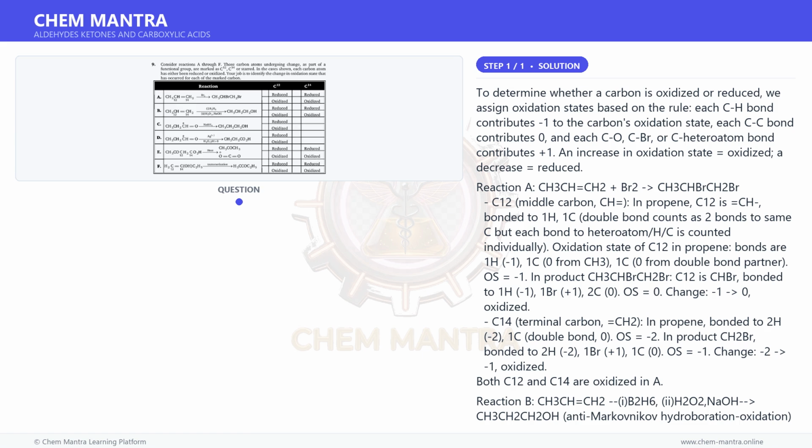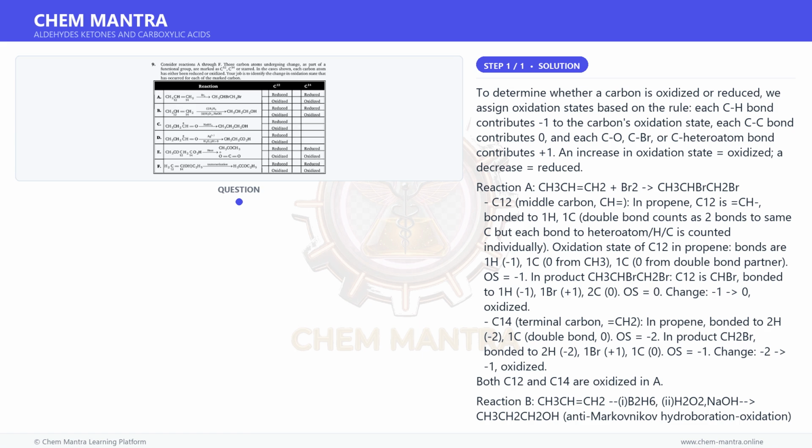Wait, let me recount. The carboxylic acid carbon bonds to 1C, 0, 1 =O, +1, 1 OH, +1. OS is equal to +2. Change 0 to +2, oxidized. The starred carbon is oxidized in D.